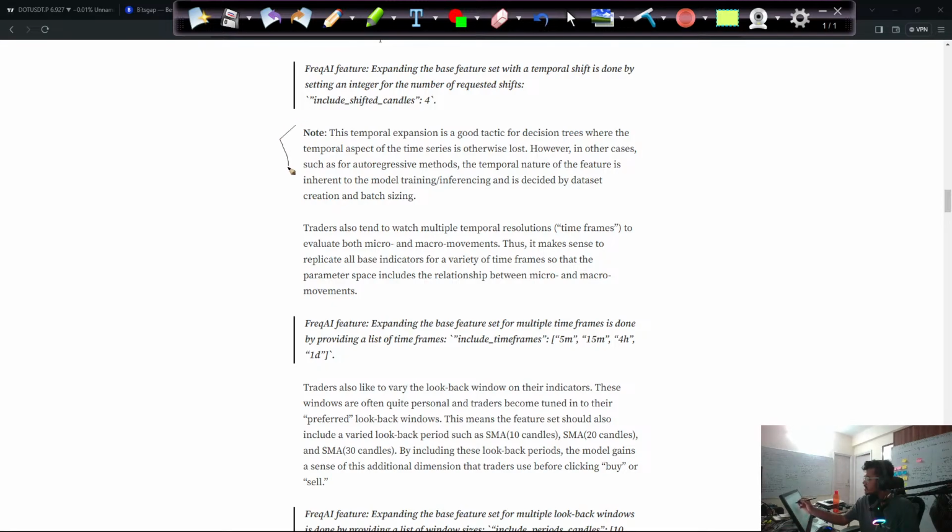They use this temporal shift data a lot, meaning suppose this is your time series, this is your data, and you want to predict what's going to happen next, here, here, or here. So they take all this data into account. This is your first temporal shift, second, third, fourth.